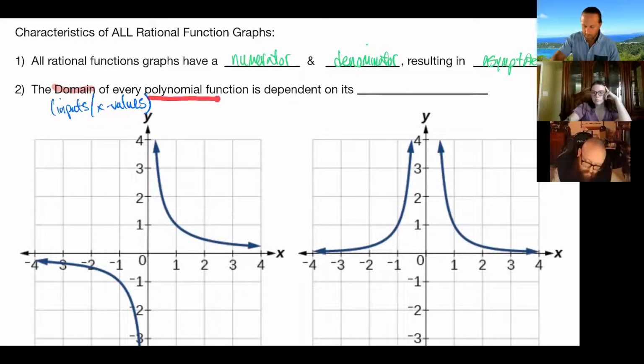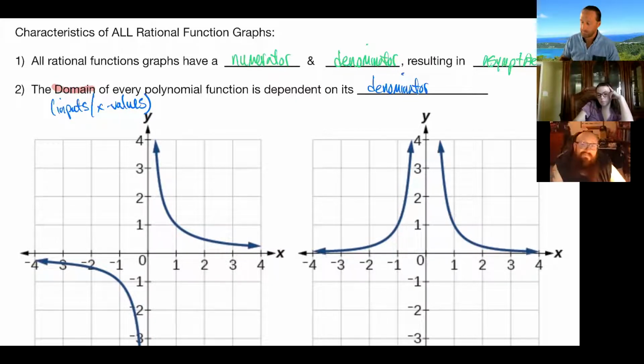And remember, since we're dealing with numerators and denominators that are polynomials in nature, then the domain is dependent on its what? Denominator. And the denominator we will set equal. We know it cannot be 0.